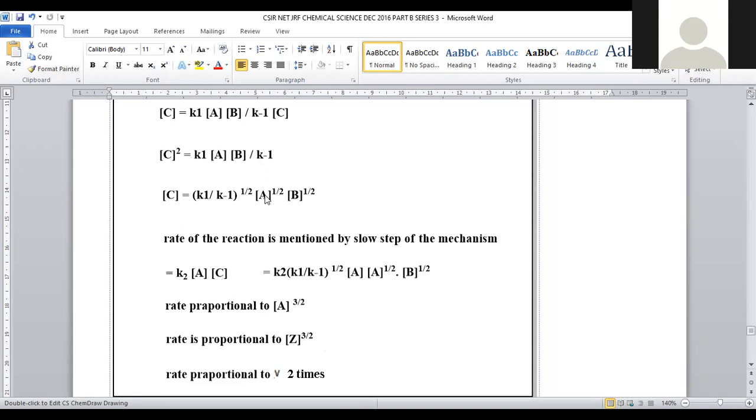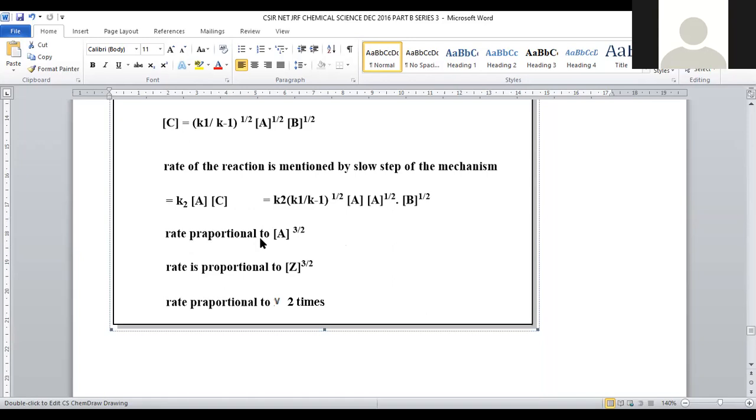K2 and A concentration are also there. Then rate is proportional to A to the power 3 by 2, because here A to the power 1 plus 1 by 2 entirely becomes 3 by 2. Rate is proportional to A to the power 3 by 2.